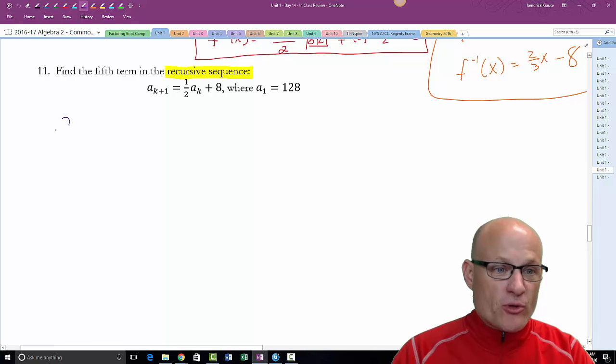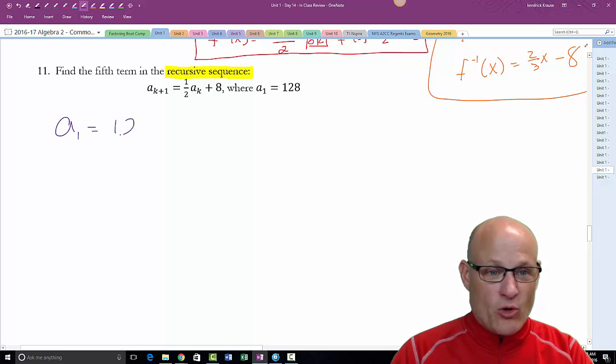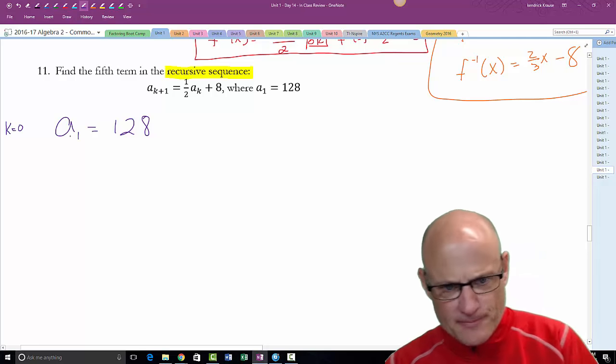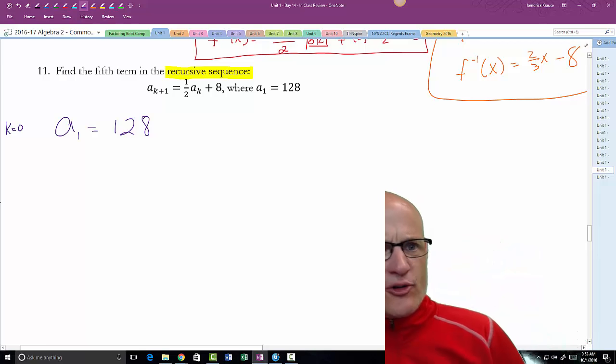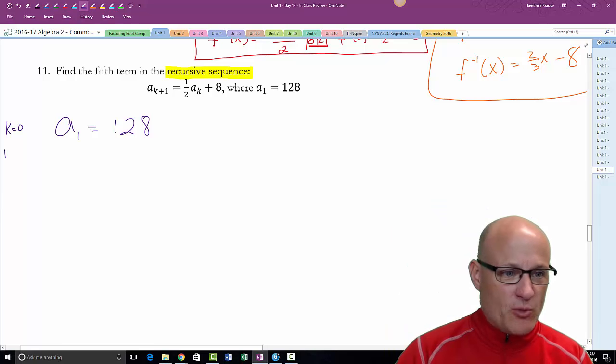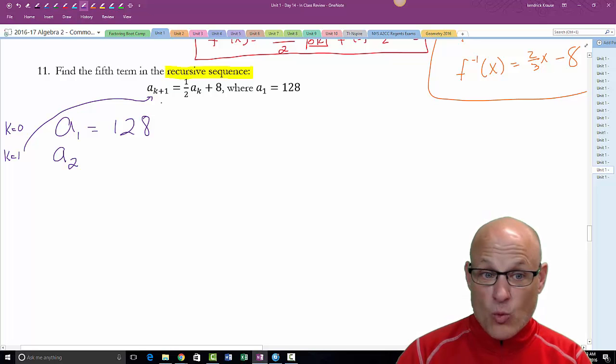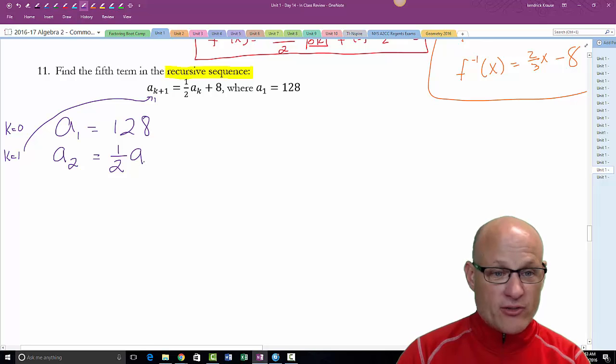So our first term, which is a sub 1, is given as 128. That's like when k equals 0 in this case, but it's our first term. So our second term, when k is equal to 1, would give me a sub 2. 1 plus 1 is 2, so it's 1/2 a sub 1 plus 8.